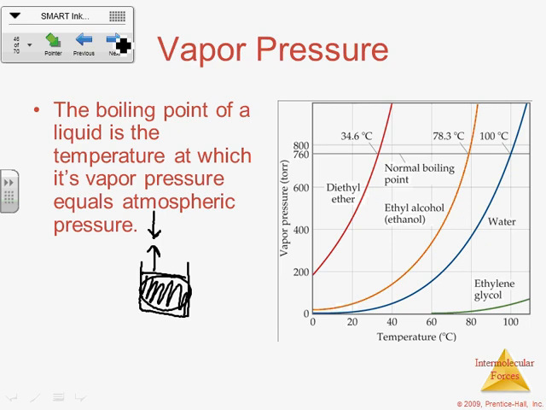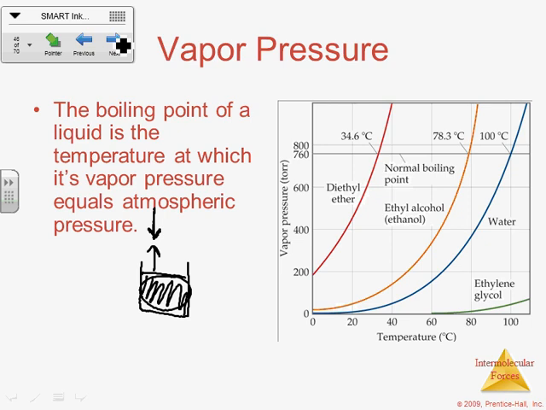The second thing it has to do is have enough energy to counteract the atmospheric pressure pushing down on it, okay? And so basically that's the boiling point, okay? That's the temperature at which the liquid has a high enough vapor pressure for its molecules to escape as a gas, okay?